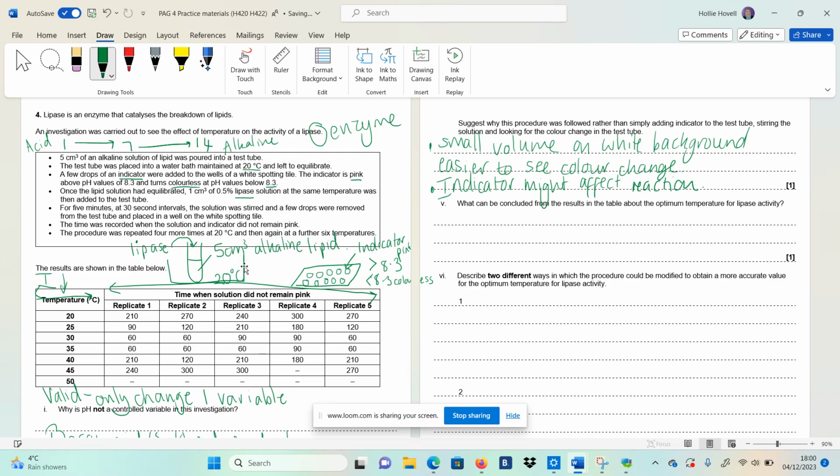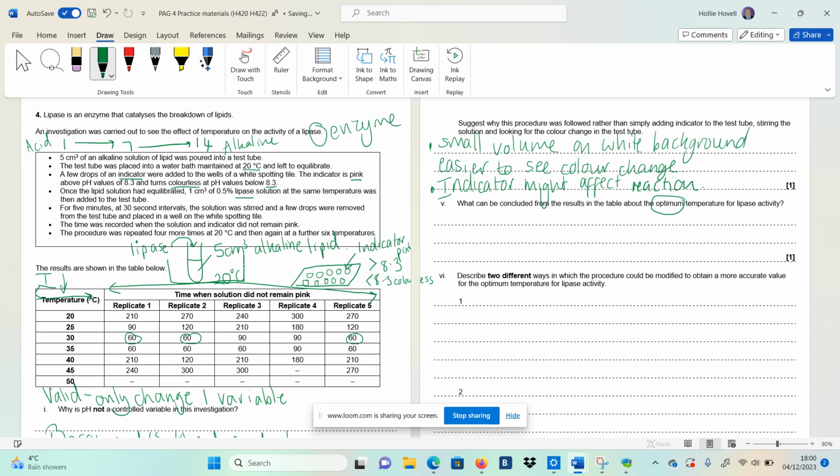Part 5. What can be concluded from the results in the table about the optimum temperature for lipase activity? So optimum means the best, when it's the fastest. So if it went the fastest, that means it would be the shortest amount of time. So we're looking basically for our lowest numbers. So the lowest numbers in the table, we've got a couple of 60s there, 90, 90, 60.